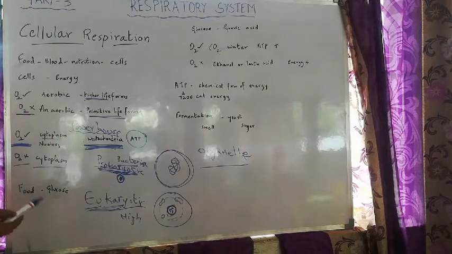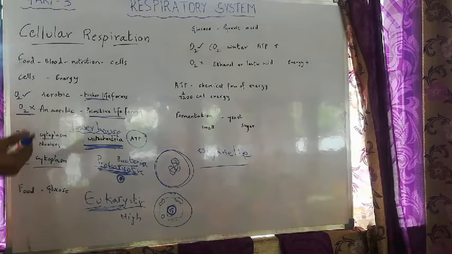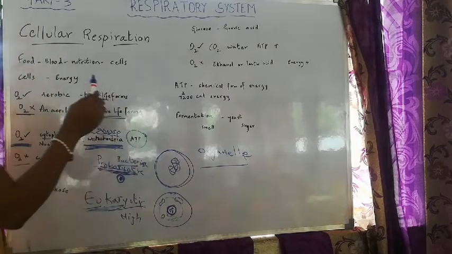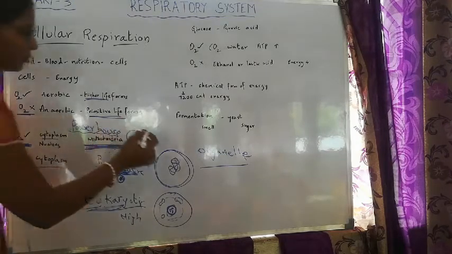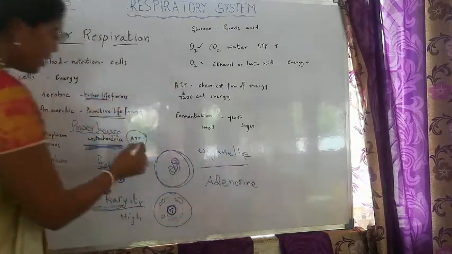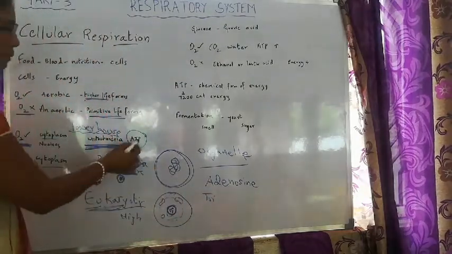Now, how is the energy being stored? Energy is of different types, right? Heat energy, light energy. Light is a form of energy, heat is a form of energy. So, in which form is it getting stored here? In chemical form, like a chemical compound. What is the name of that chemical compound? ATP. ATP means A for adenosine, T for tri, which means 3, P for phosphate.